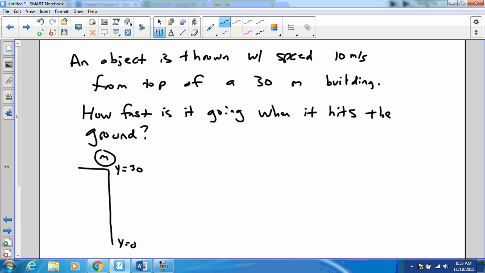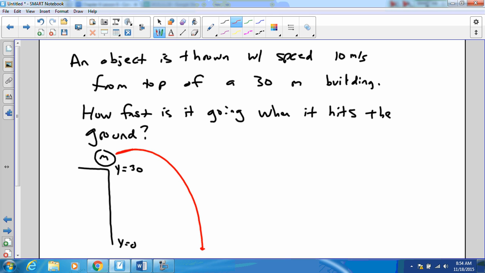Here's another thing that's interesting. We're not told in what direction it is thrown. Interesting. So I don't even really know how to draw it. I'm going to just give it initial velocity in that direction, because I don't know. I'm going to have it hit the ground right here. Guess what?